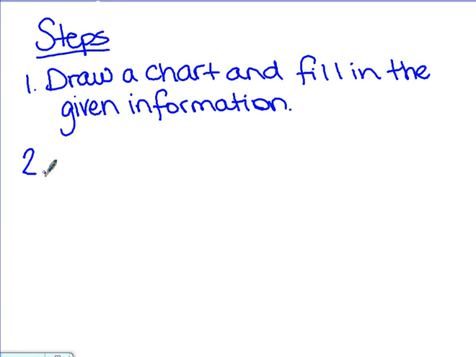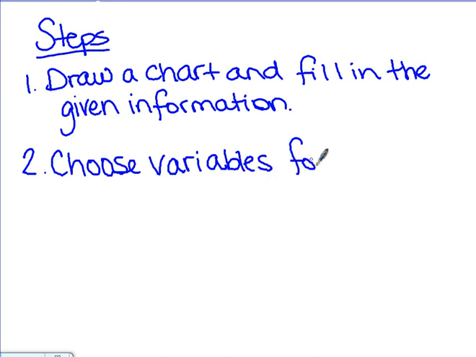The second step is to choose variables for unknowns. Some of you are familiar with doing this by writing let statements, or you can just choose your variables. The third is to complete the chart.